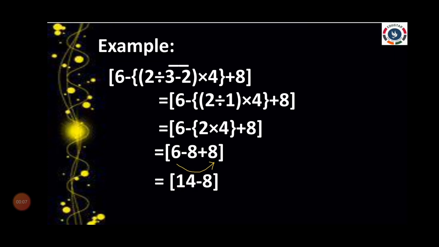So what is the value of 14 minus 8? Equal to 6. Okay. So in these sums, we solve the problems bracket-wise. Which bracket do we give the first preference? The line brackets. Next round brackets or parentheses, next curly brackets, next square bracket. So in this order we want to solve the problems.